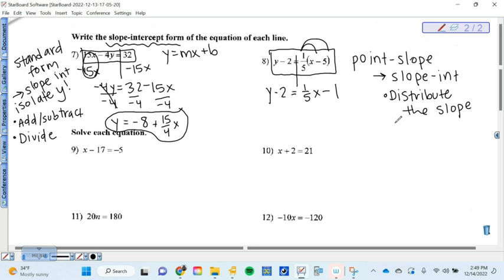You add 2. Add 2 to both sides. So our next step would always just be adding or subtracting. Those 2's cancel out, and I've got y equals 1/5 x. And then what's -1 plus 2? Just 1, so plus 1. There's my answer.